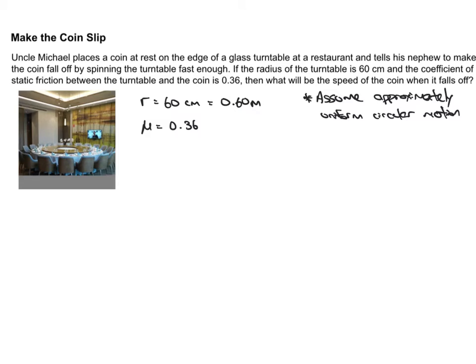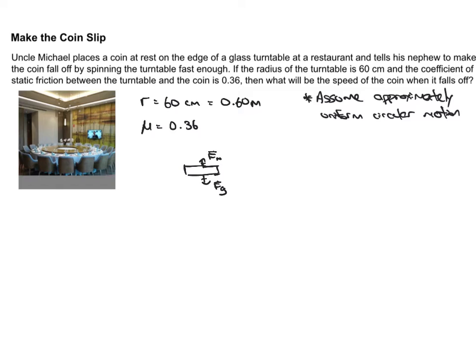All right, so if we're going to assume uniform circular motion, so the coin's just moving in circles, we know that for uniform circular motion, there has to be a centripetal force, a centripetal acceleration. And what is providing this coin with a centripetal force? Well, this can be the coin, it's got a little gravity, that's down. It's got a little normal force, that's up, and they're going to be balanced out.